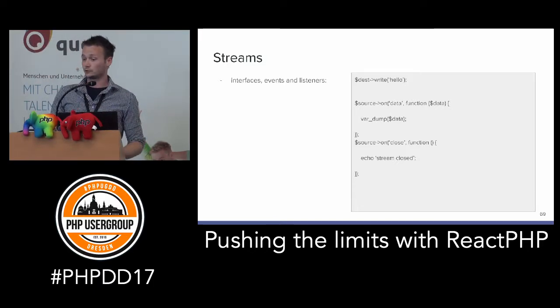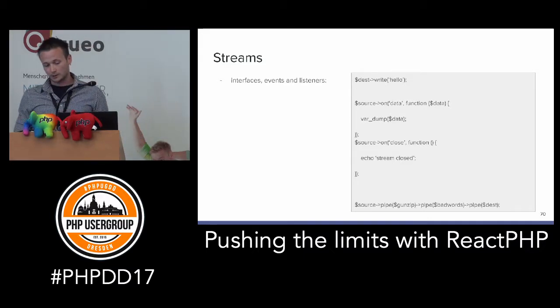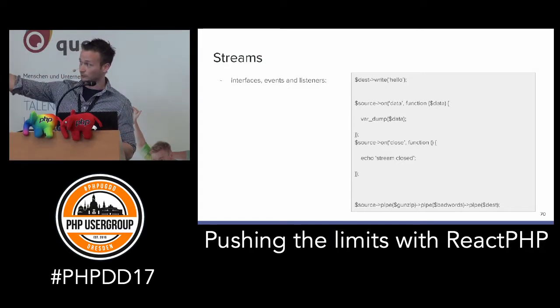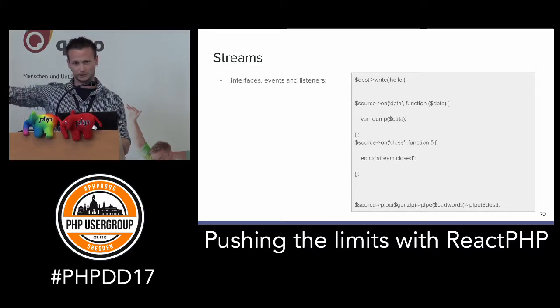And in code, again, this means something like this. This is probably going to look familiar to people who have already used Node.js. You can write on a stream, you can get a notification when new data is incoming, and a notification when the stream closes. These are the main events that happen. And because they all share a common interface, this allows us to build things such as using a source stream without actually knowing what it does.